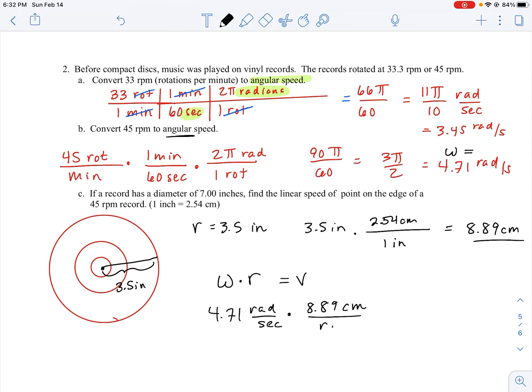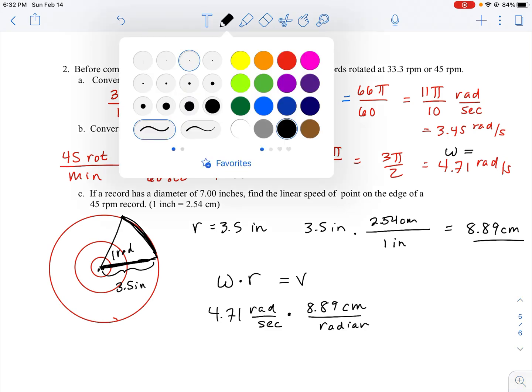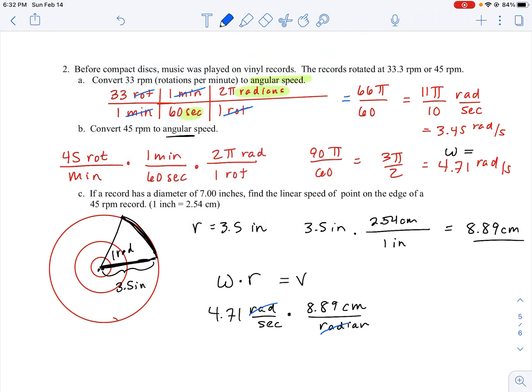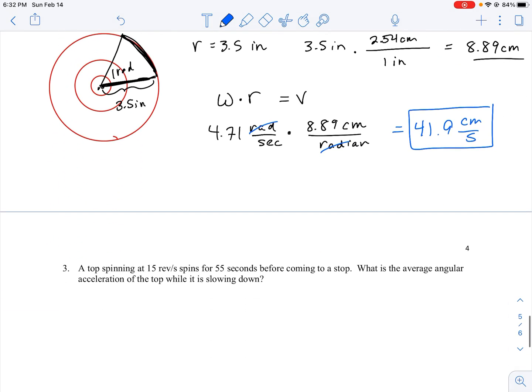There's 8.89 centimeters per radian, because if I took this radius again and laid it over here, that would sweep out 1 radian. And that's going to make radians cancel, which is what I want. So 4.71 times 8.89 gives me 41.9 centimeters per second. Cool.